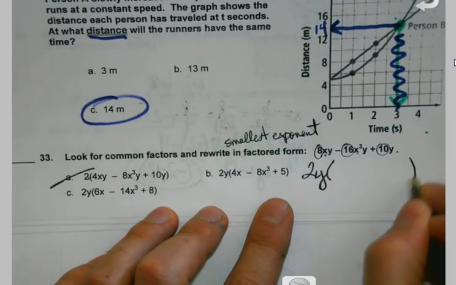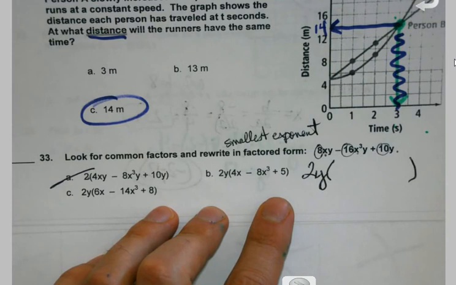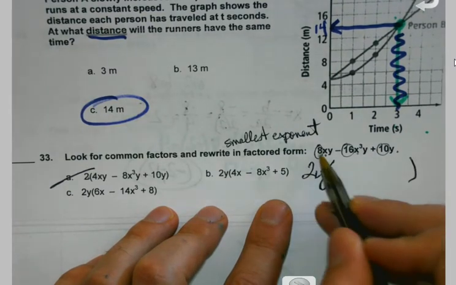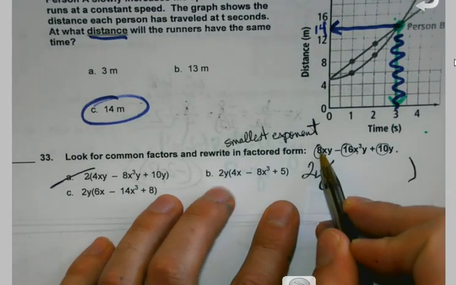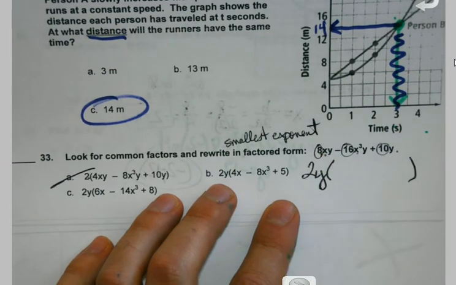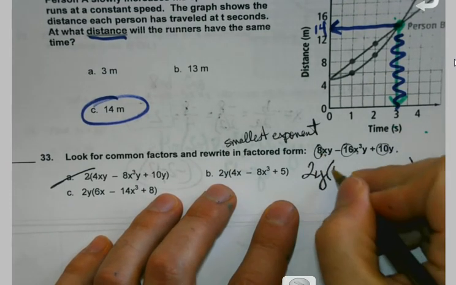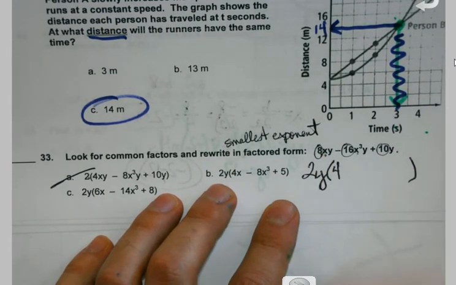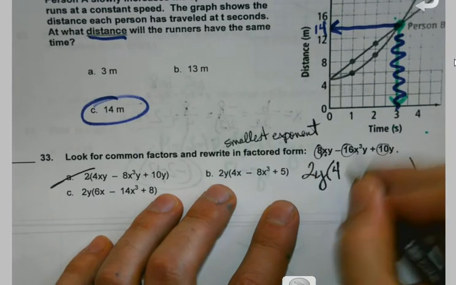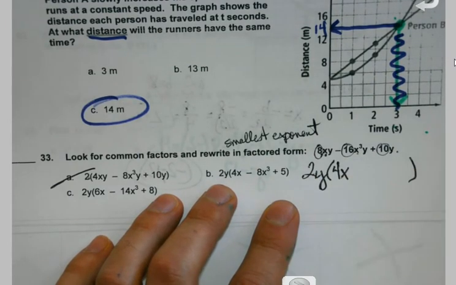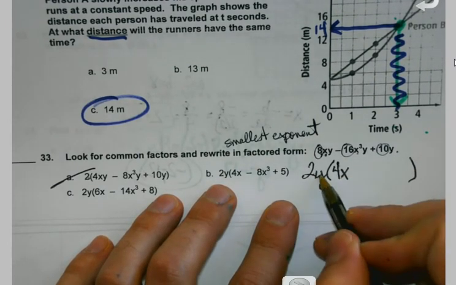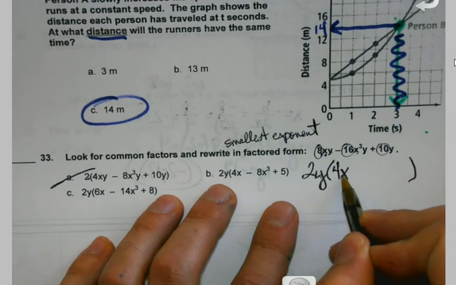So I get here and I'm like, okay, let's see here. 2 times what gets me to 8? 4. Okay, so I get the 4. I don't have any x's out here, but I need one. So I'll put an x in here. And I already have a y here, and I only need one y. So I got 4x.